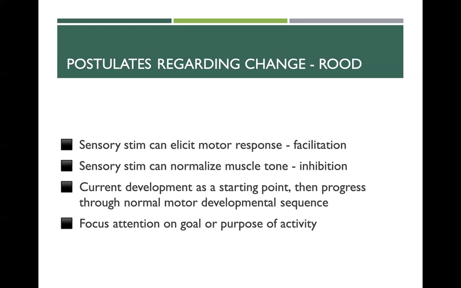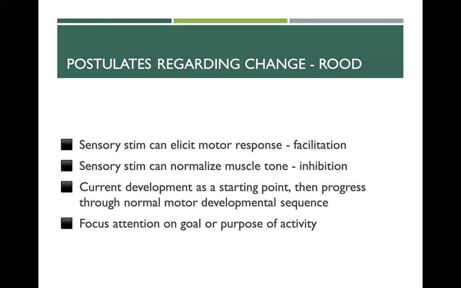Sensory stimulation can also normalize muscle tone with inhibition. That's slow rhythmic movement. Think of neutral warmth, maintained stretch, that sort of thing. Use the current development as a starting point, then progress through normal motor development sequencing, focusing attention on the goal or purpose of the activity.